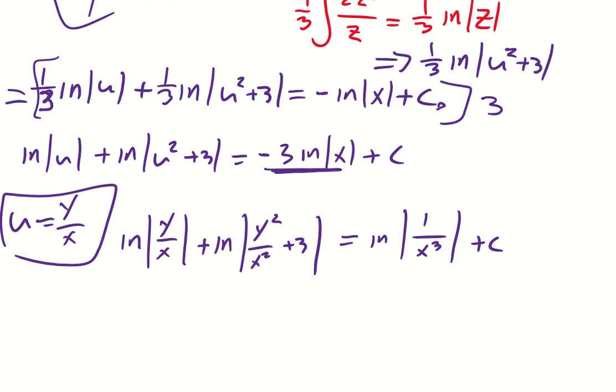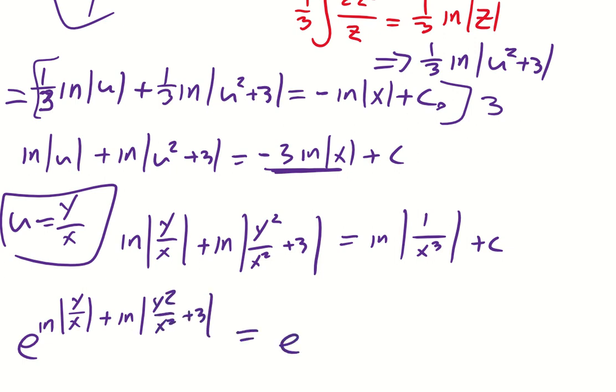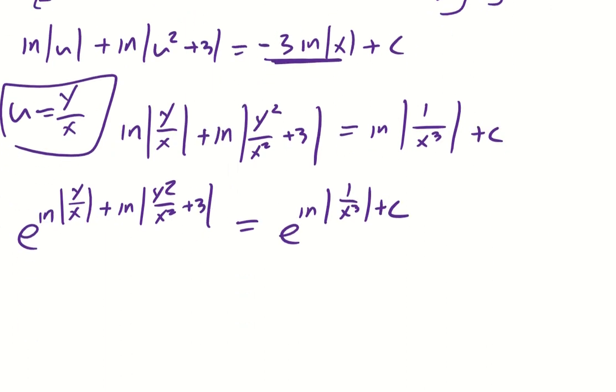Great. Let's raise both sides to the e power. So you have e to the natural logarithm of the absolute value of y over x plus the natural logarithm of the absolute value of y squared over x squared plus 3 is equal to e raised to the natural logarithm of 1 over x cubed plus c.